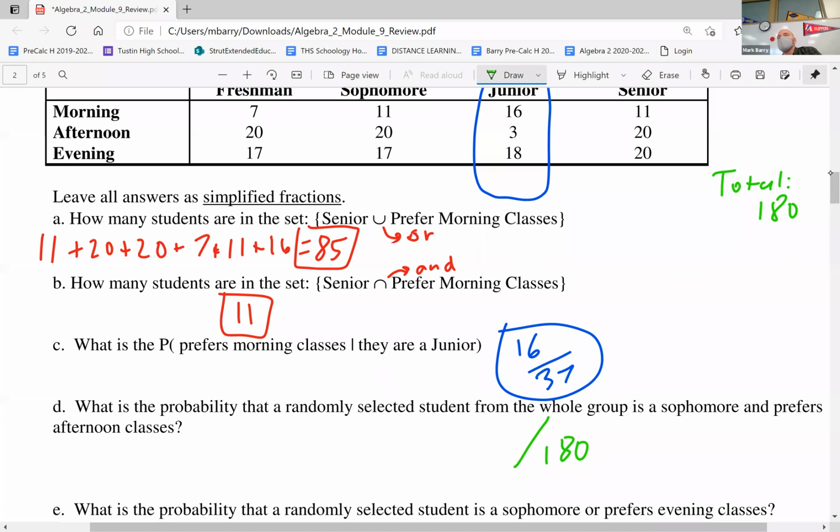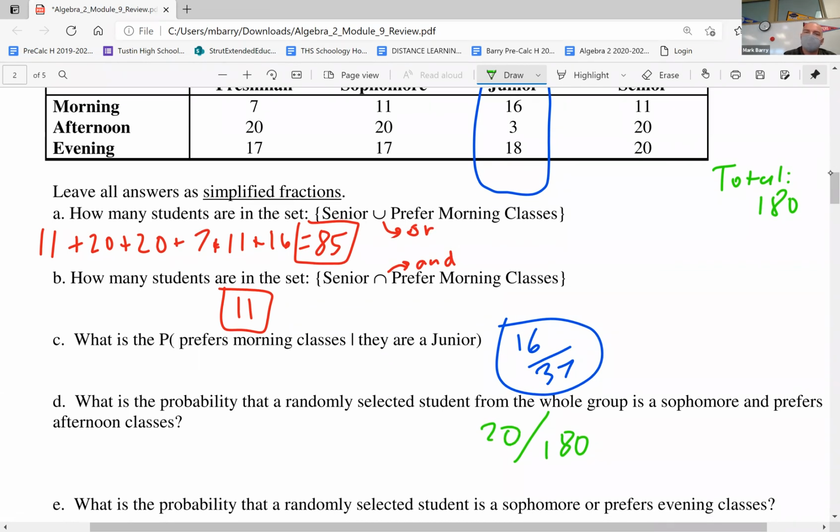So then if we want only sophomores who also prefer afternoon classes out of everybody, there are 20 students that are like that, these 20 right here. So we would just reduce that to 2 over 18, which would reduce again to 1 over 9.